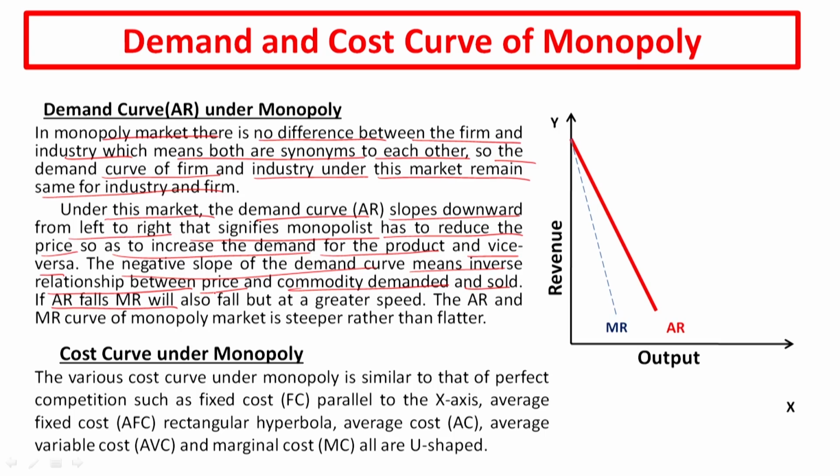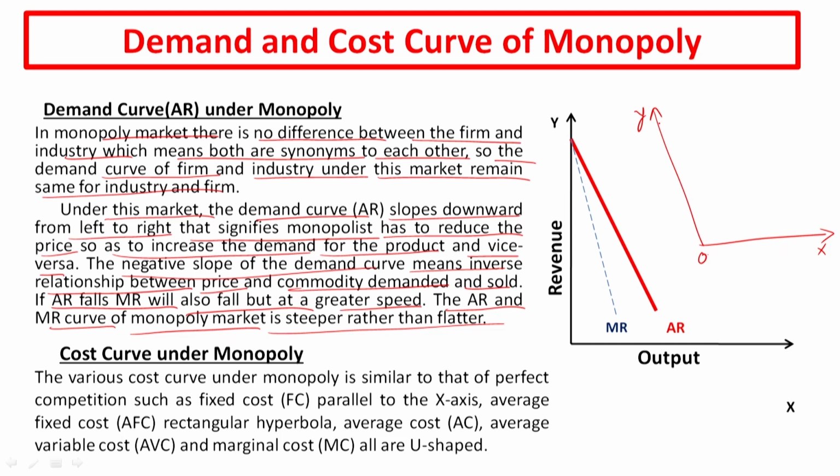If AR falls, MR will also fall, but at a greater speed. The AR and MR curve of monopoly market is steeper rather than flatter. That means this is the x-axis, this is the y-axis, this is the 0.